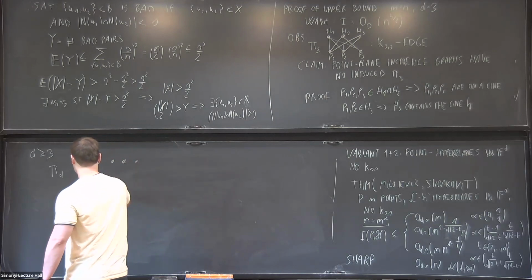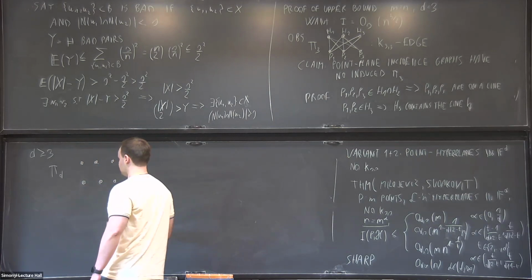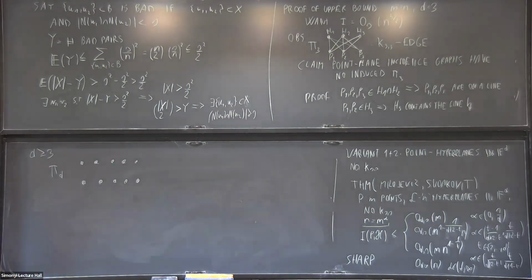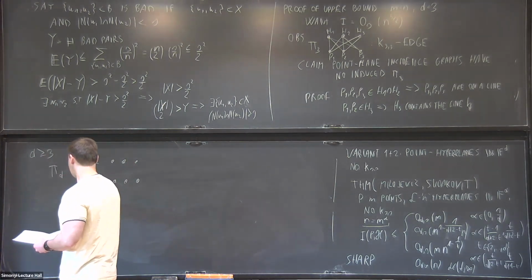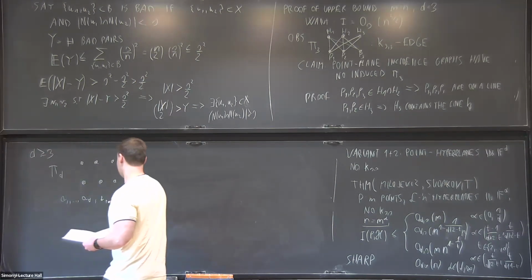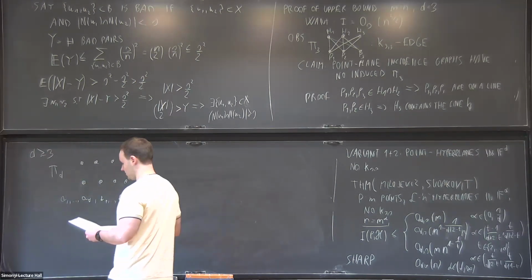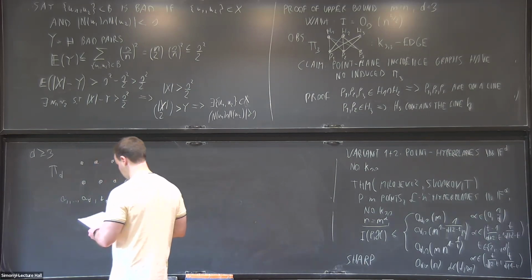So I will draw it for d equals 5. Or maybe let me just define it in general, and then I will draw it for d equals 5. So we will have vertices A1 up to AD on one side and B1 up to BD on the other side. Yes.